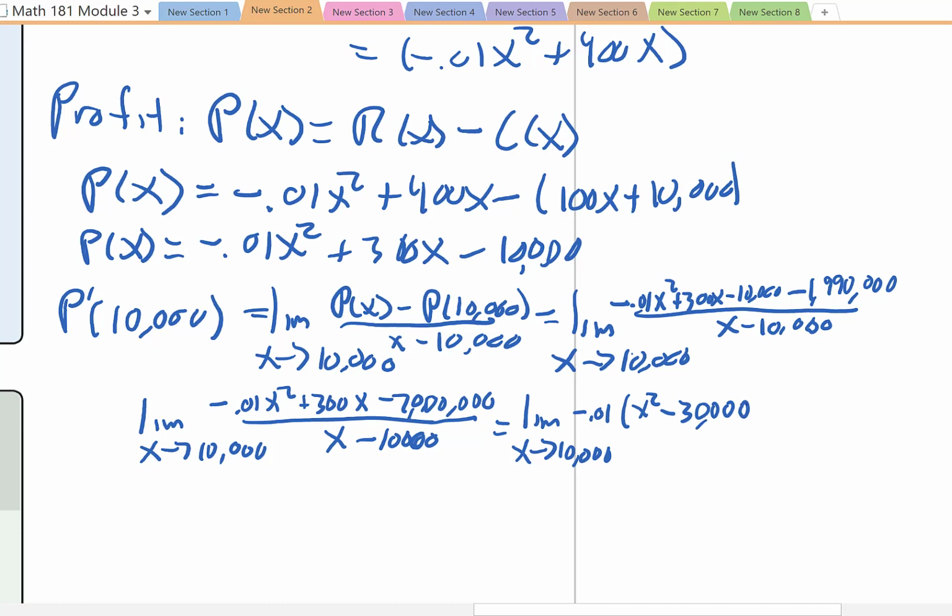Plus, and then we have 2 million, negative 2 million, so that's going to be what? It's a lot of zeros. Is that 200 million?